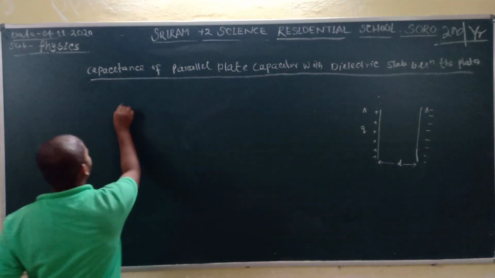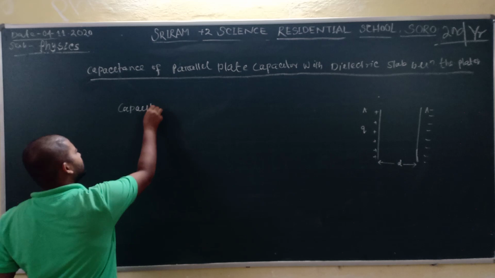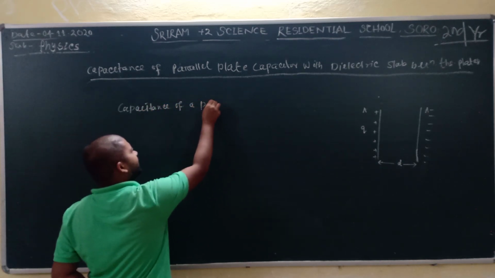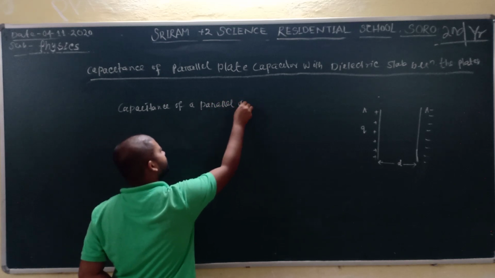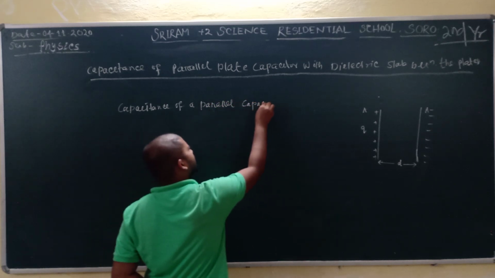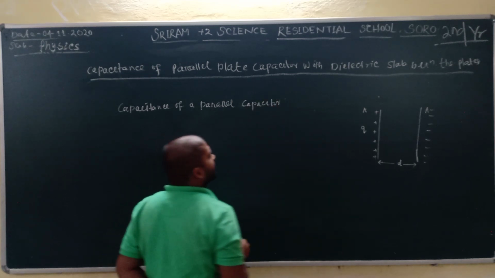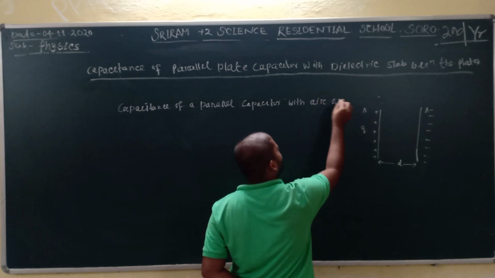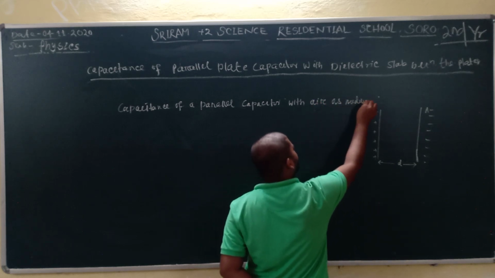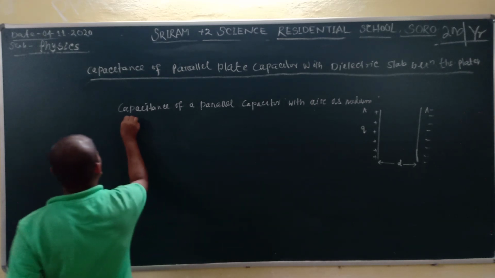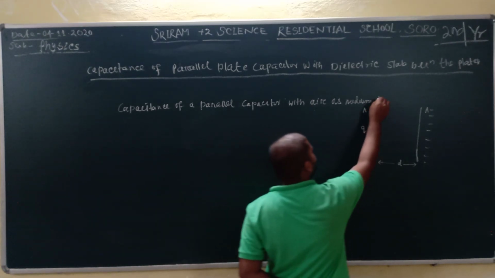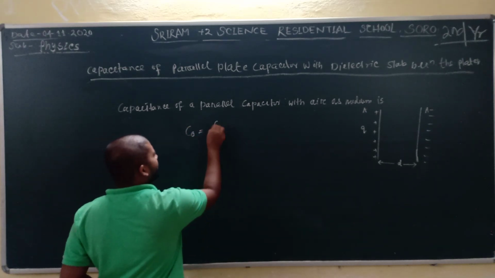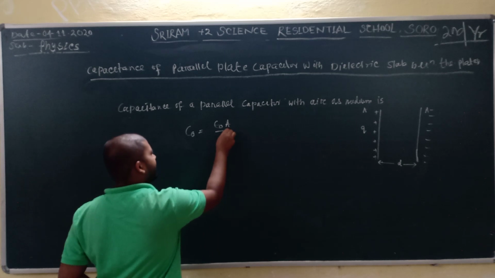So, the capacitance of a parallel plate capacitor with air as the medium is C0 equal to epsilon naught A divided by d.